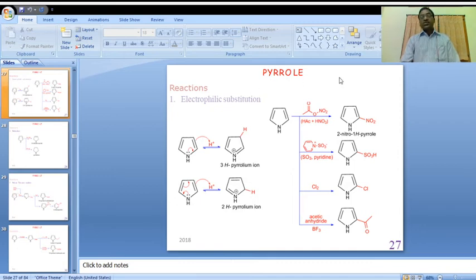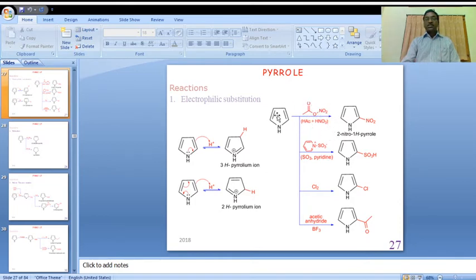Now let us go to the actual electrophilic substitution reactions, various reactions. First we will discuss the nitration reaction. Pyrrole reacts with nitric acid in the presence of acetic acid. Instead of acetic acid, we can also use Ac2O, acetic anhydride.